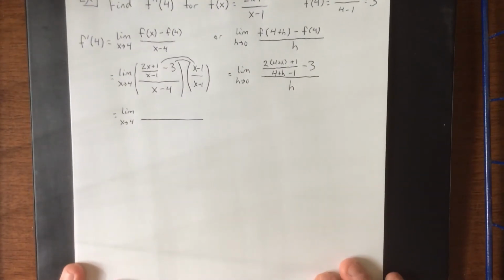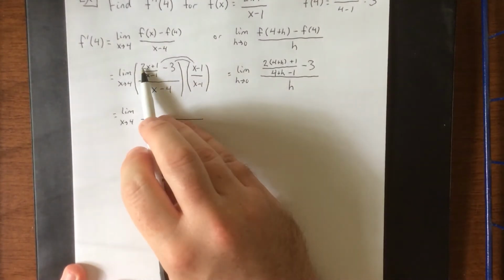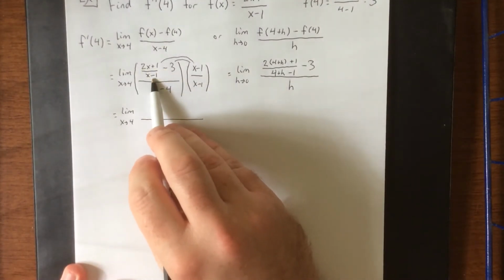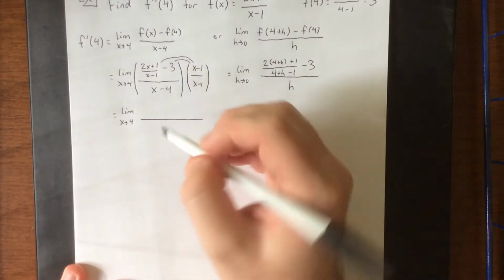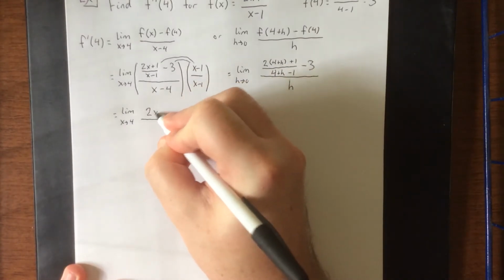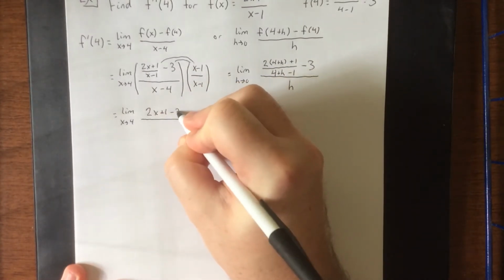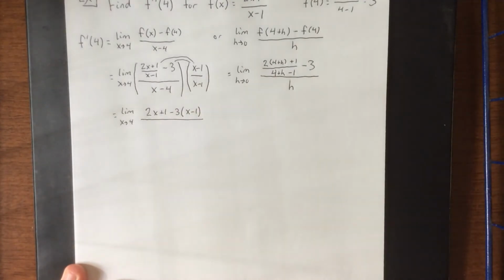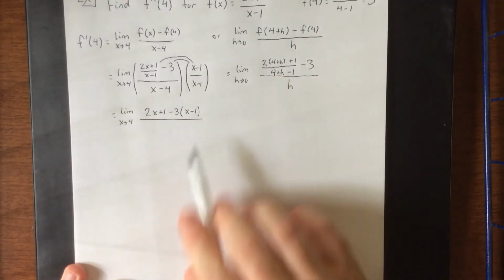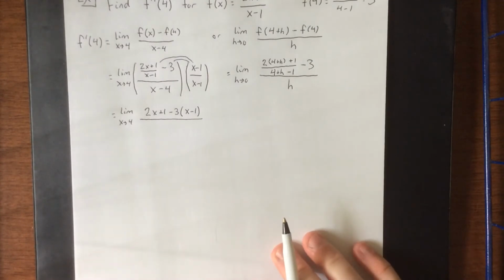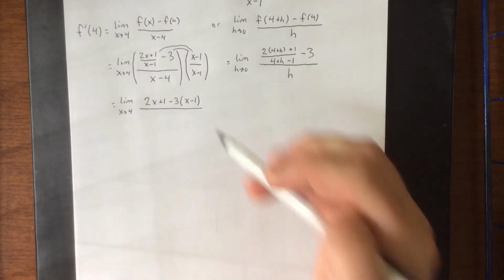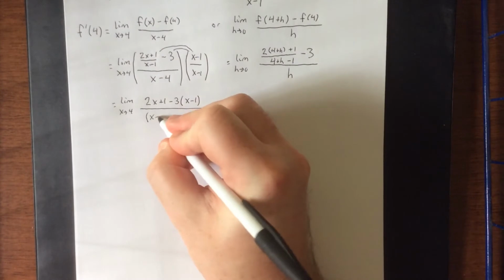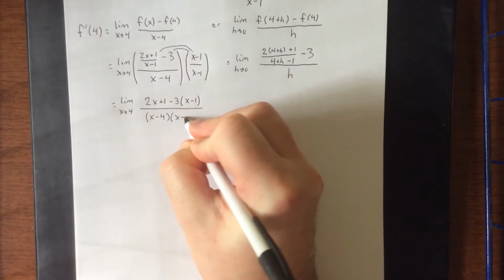So my new numerator is going to be, when we have 2x plus 1 over x minus 1, and we're multiplying by x minus 1, the x minus 1's will cancel. Then the minus 3 didn't have anything attached to it, so that will continue to just be 3 times x minus 1. Your denominator will be x minus 4 times x minus 1.